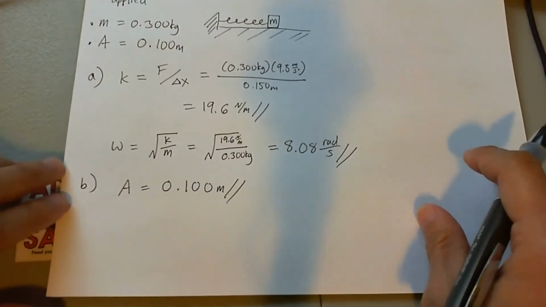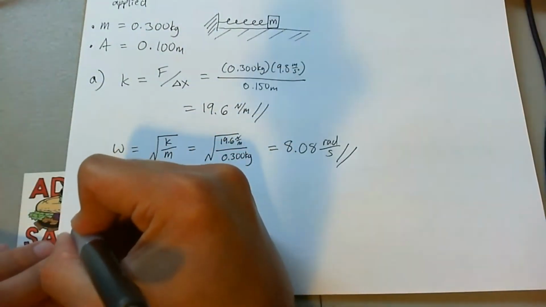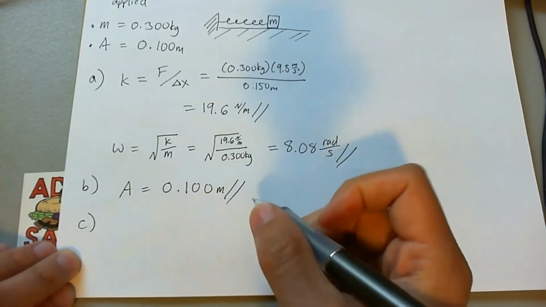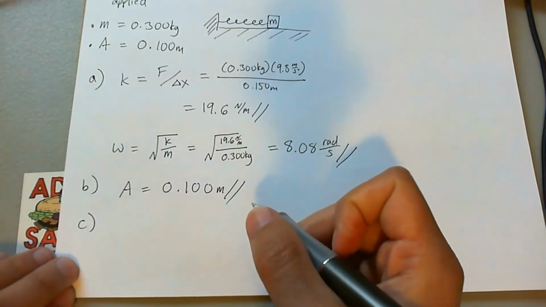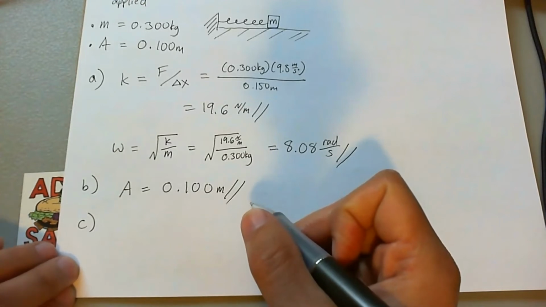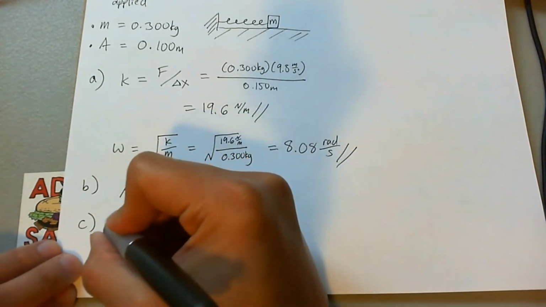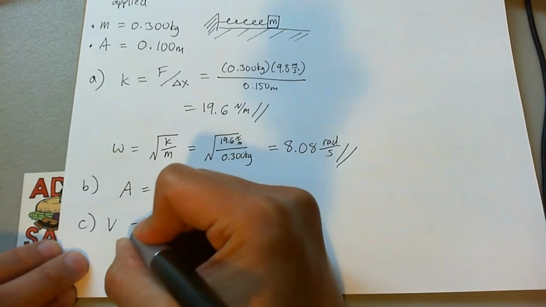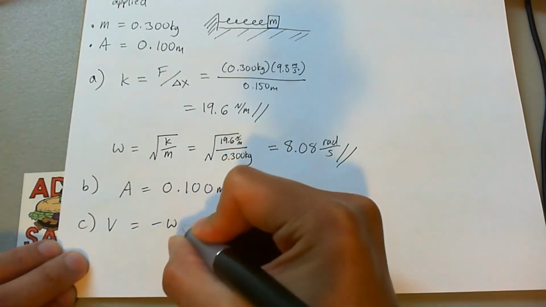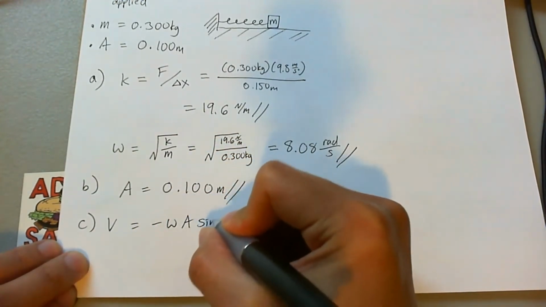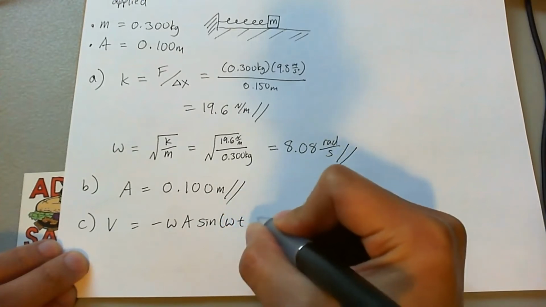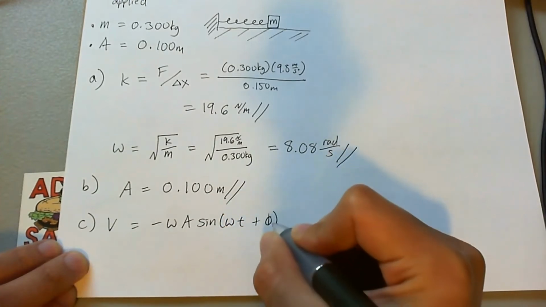Now, also push this paper up a little bit. For part C, they're asking for the magnitude of the maximum velocity. For this one, we have velocity in general being negative omega A sine of omega t plus phi, where phi is some initial condition.